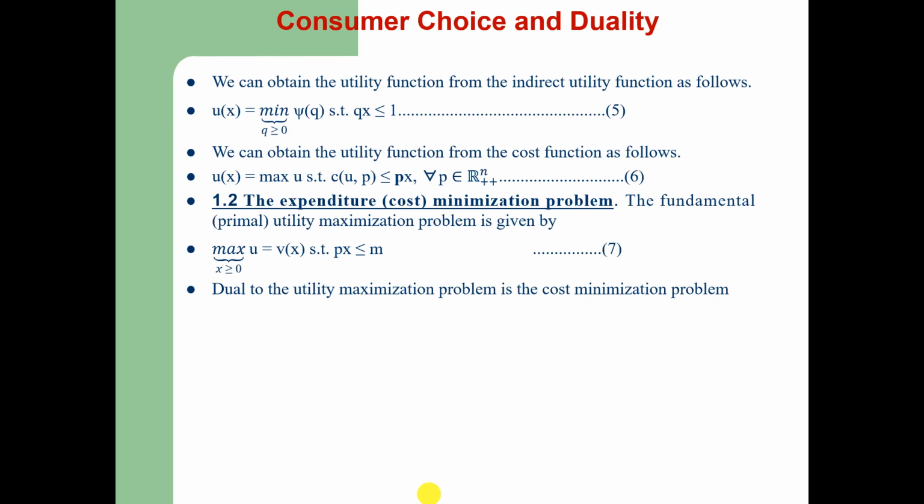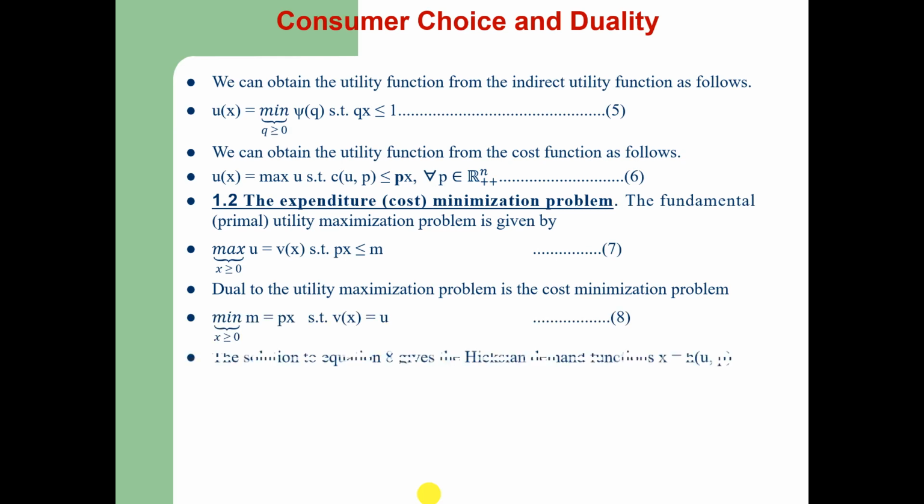On the other hand, the consumer minimizes cost subject to a given utility. And we write this problem in this equation given by 8. The solution to equation 8 gives the Hicksian demand function as a function of utility and prices of goods.